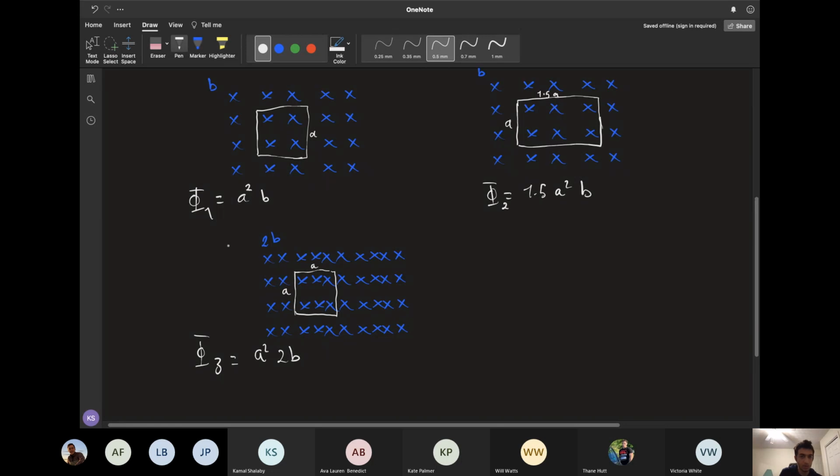That's what would happen. So yeah, doubling the magnetic field will double the flux.